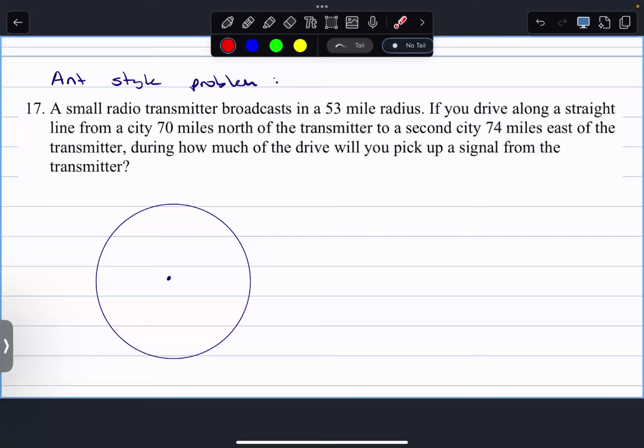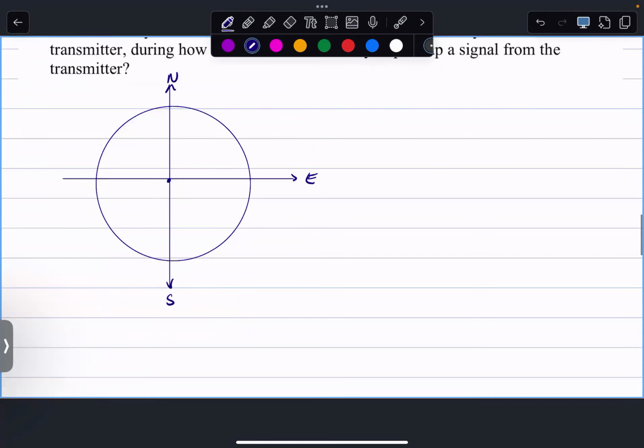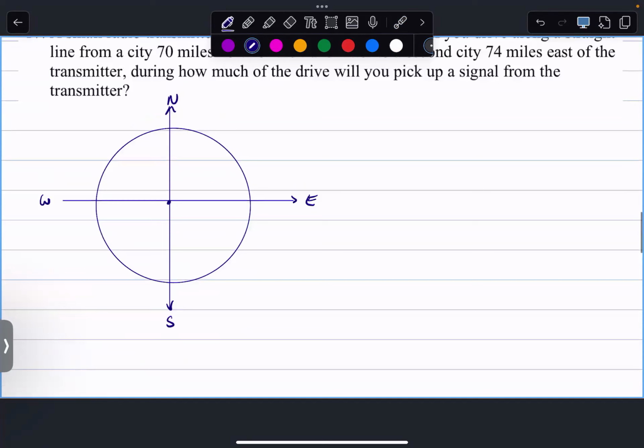That's nice because then I can put my compass here: north, east, south, west. West can have an arrow too.